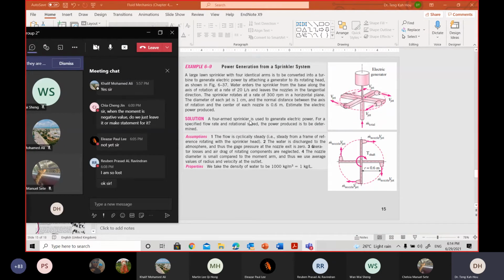A 4-arm spring gauge is used to generate electric power, right? Okay, so I think for the first part, you should be able to understand. Perhaps the tricky and challenging part would be how we are going to link all these shafts to your momentums.